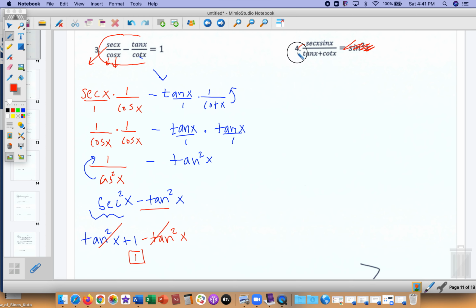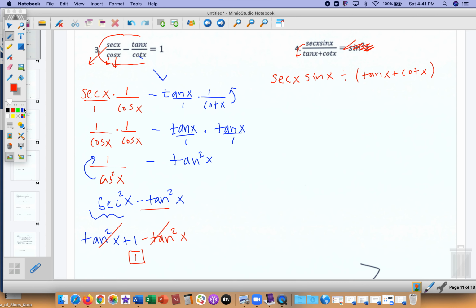In the numerator, we have secant x sine x. So I'm going to write it like this. Secant x sine x divided by quantity of tan x plus cotan x.